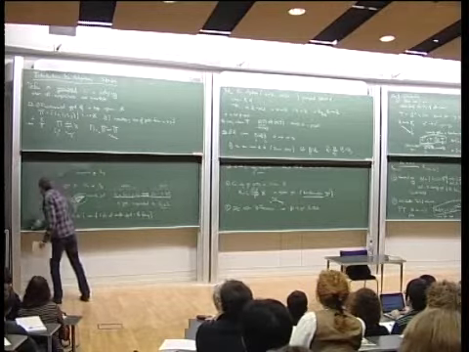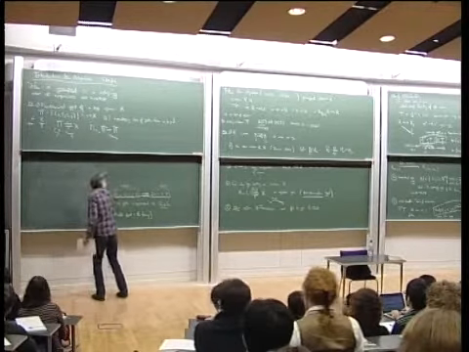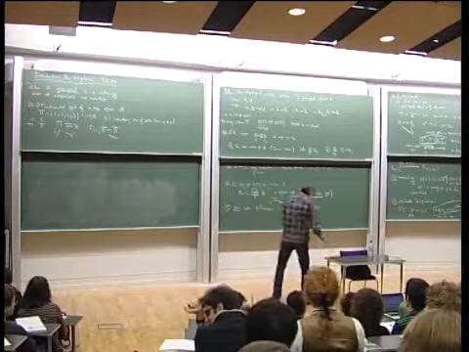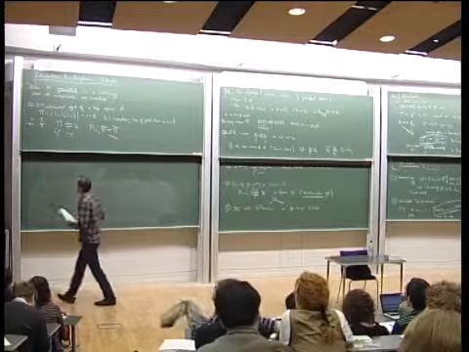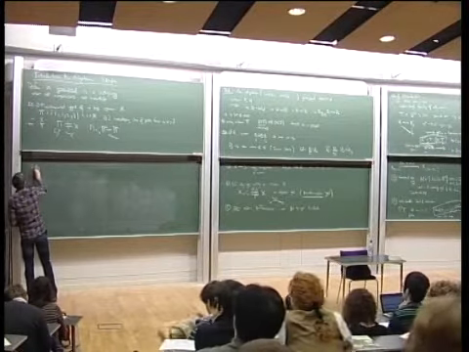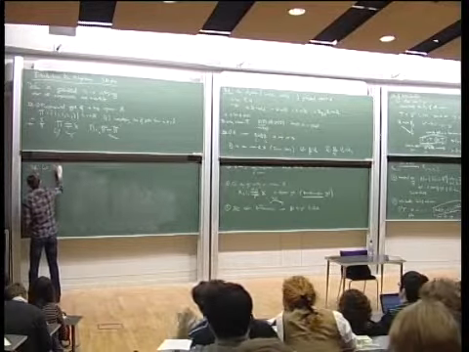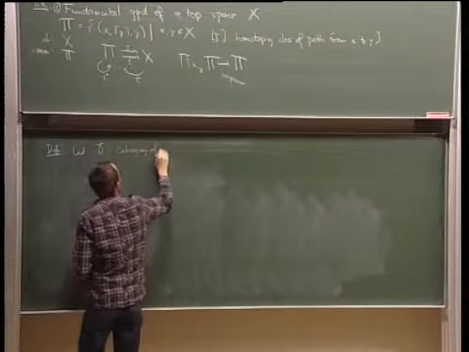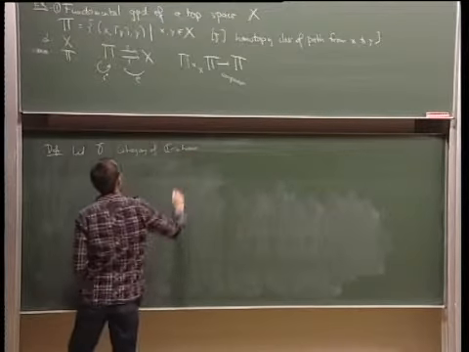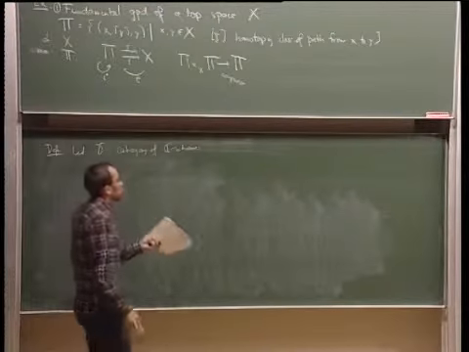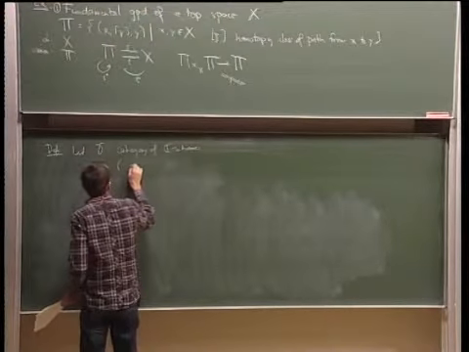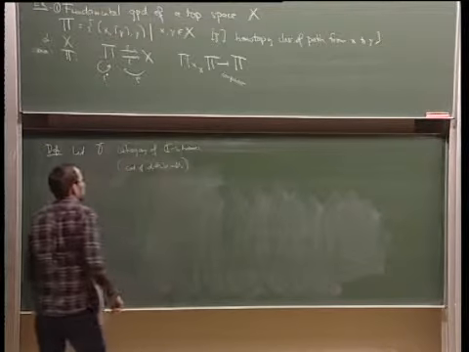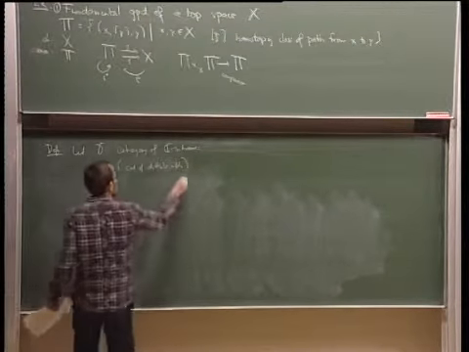So to talk about that, I want to talk about categories fibered in groupoids. So let S, to fix ideas, let's say the category of C schemes, or you could, for example, say the category of differentiable manifolds, or the category of analytic spaces, your favorite geometric category.